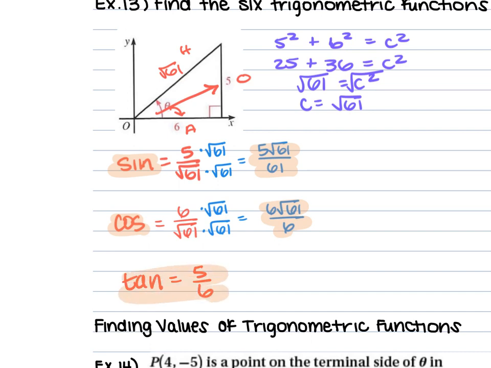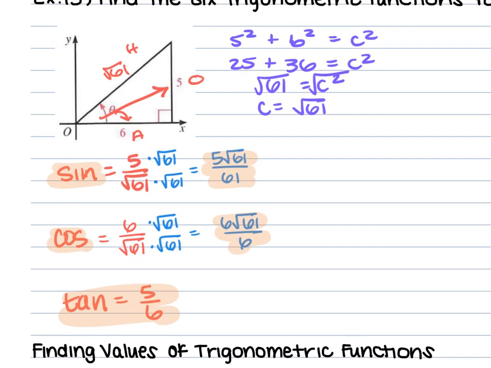Now from here, find your reciprocals. The reciprocal of sine is cosecant, so CSC is equal to the hypotenuse, which is the square root of 61, over our opposite, which is 5. You don't have to do anything with that one, so that one is your answer. The reciprocal of cosine is secant, so SEC is equal to the hypotenuse, which is the square root of 61, over your adjacent, which is 6.